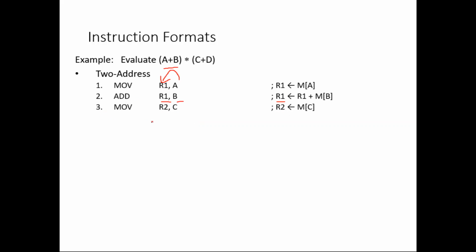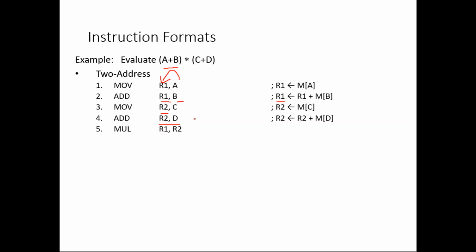Move r2 comma c. This will move the content of memory location c to r2. Then add r2 comma d, which will add the content of r2 with the content of the memory location d. So with this c plus d is done. So a plus b is now available in r1 and c plus d is available in r2.